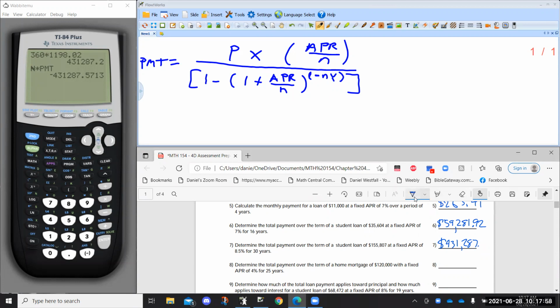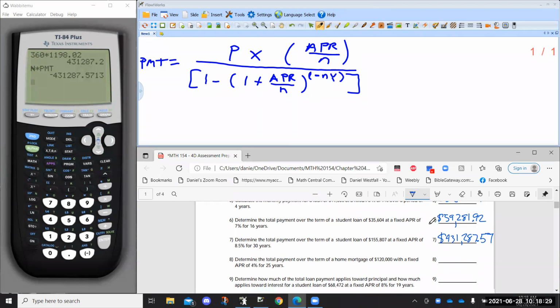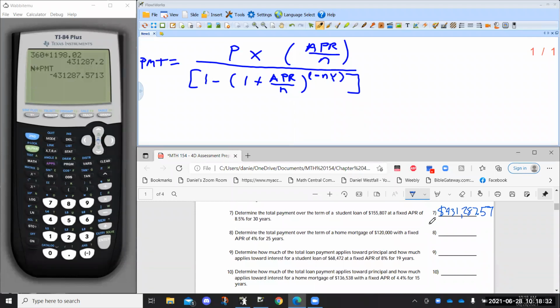So we'll go with that. Hope you guys understand, though, rounding error can be significant to the lender or the borrower. 37 cents may not seem like a big deal, but 37 cents here and there for a company that all they do, like a bank, is loan out money, that could be thousands, tens of thousands, hundreds of thousands of dollars, maybe even more.